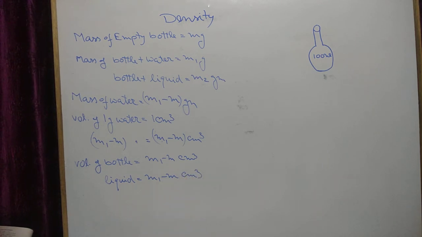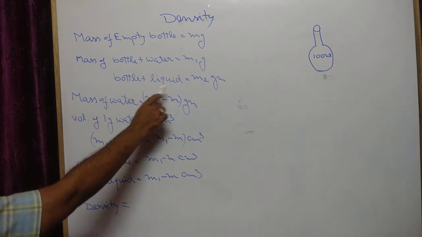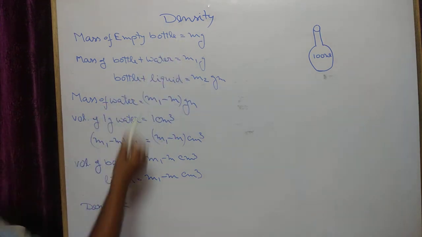So what is the density? Density equals mass of liquid over volume of liquid. What is the mass of liquid? Mass of liquid is m2 minus m.